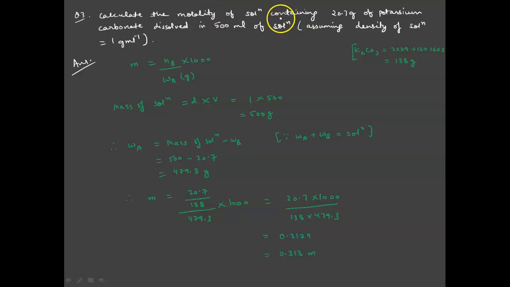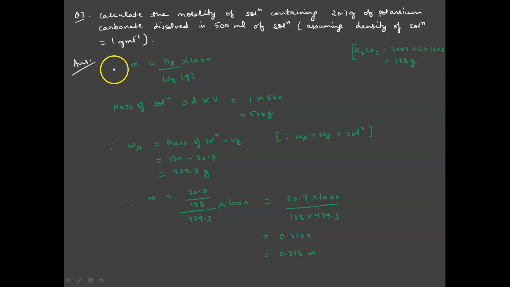Calculate the molarity of solution containing 20.7 gram of potassium carbonate dissolved in 500 ml of solution, assuming the density is 1 gram per ml. So here we have been given density again, and we have to calculate the molarity with 20.7 gram potassium carbonate K2CO3.